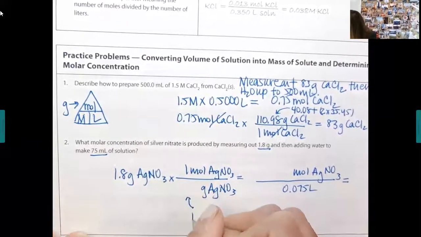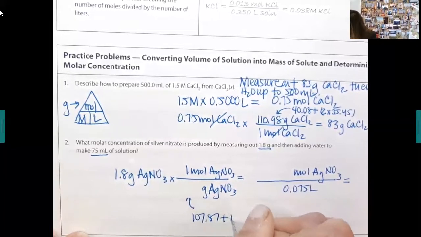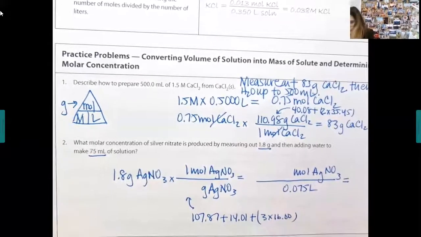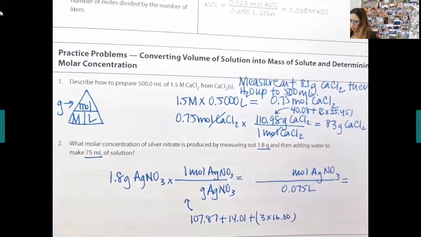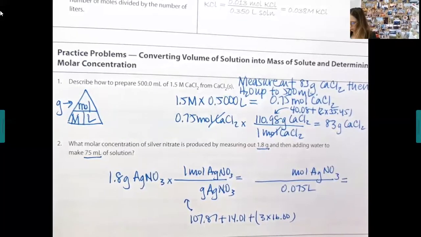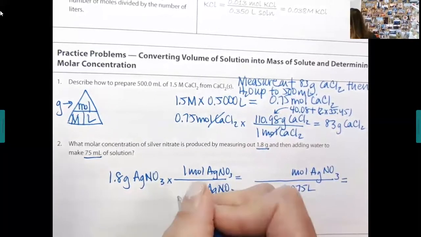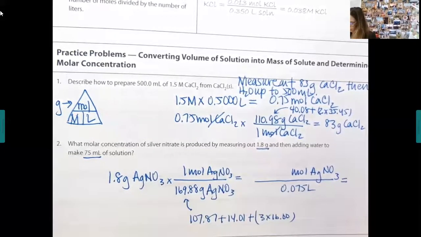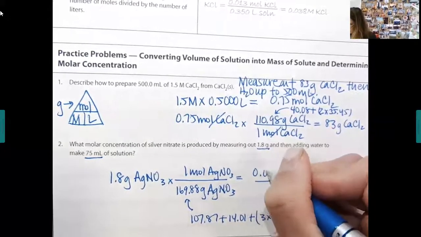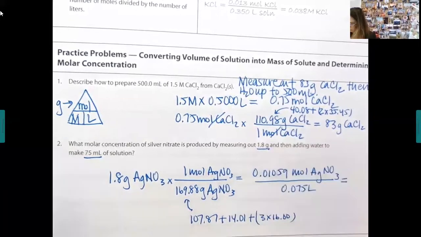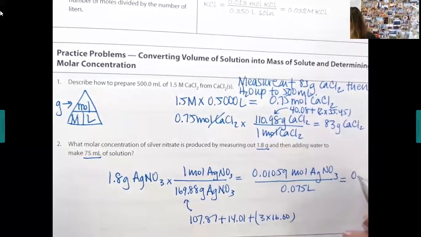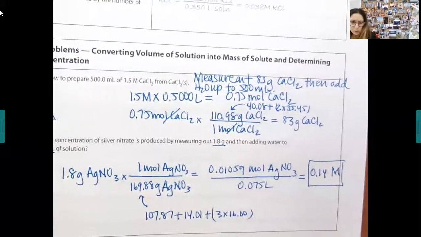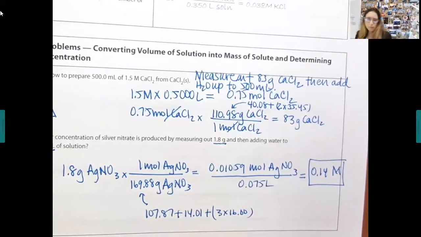And the number that goes here is the molar mass of silver nitrate. And you're going to get 0.14 molarity as your concentration of that solution.